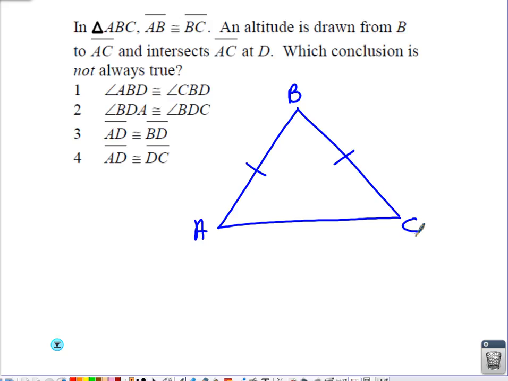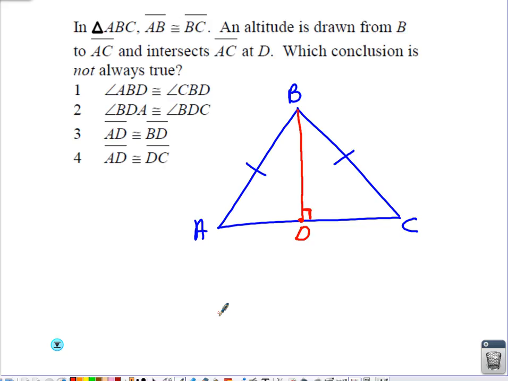And altitude is drawn from B to AC. We hadn't talked a lot about altitude, but can anybody tell me another name for altitude? Height. Height must be perpendicular. So an altitude is drawn from B to AC and intersects AC at point D.